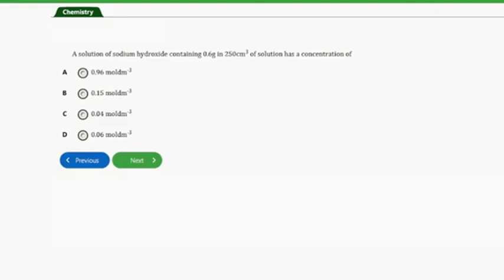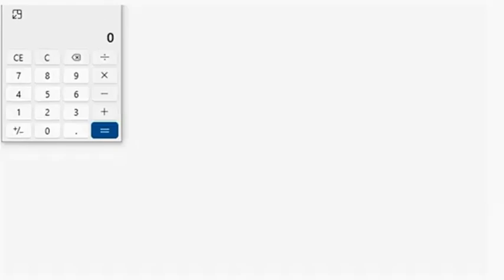So guys, from the question here, we have a solution of sodium hydroxide containing 0.6 gram in 250 cm cube of solution. So all we have to do is, first of all, find the concentration in gram per dm cube, and that's the mass concentration. So guys, it's actually pretty easy for us to do this. Let's go ahead and zoom into our workspace here and solve these together.